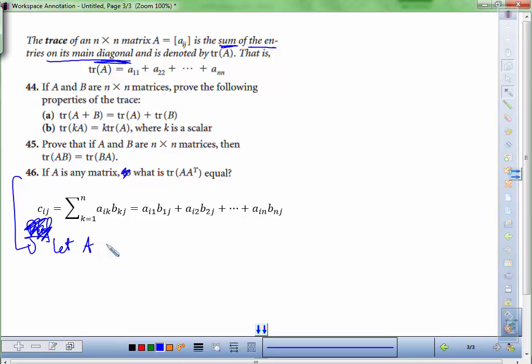I'll let A equal a_ij, so A transpose is equal to a_ji. And then we want the product of this, right?